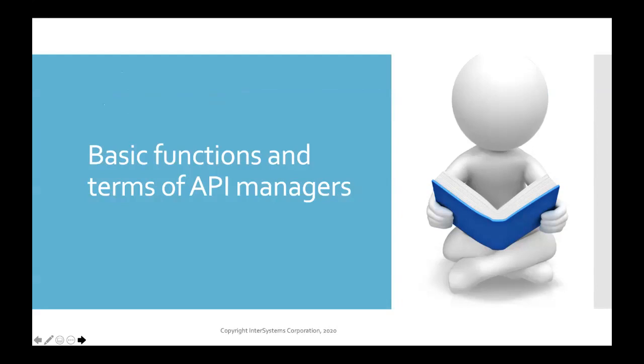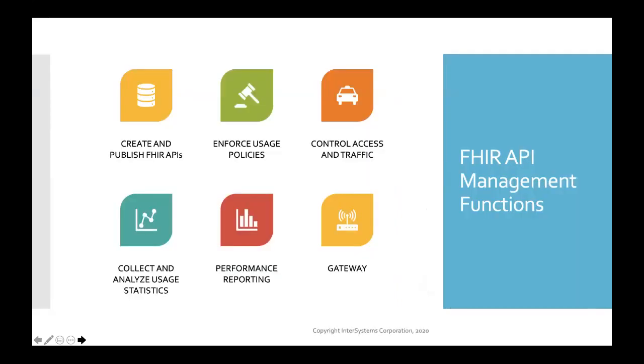So let's look at some of their basic functions and some basic terms. In terms of the functions, as I mentioned, it's full life cycle. So we start with the creation and publishing of FHIR APIs and making them easy for developers to understand. We can enforce usage policies through security controls that the API manager helps us enforce.